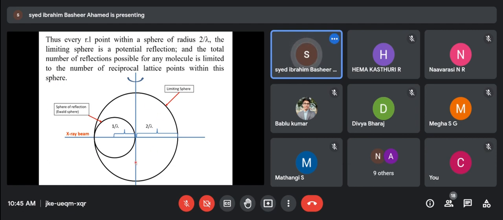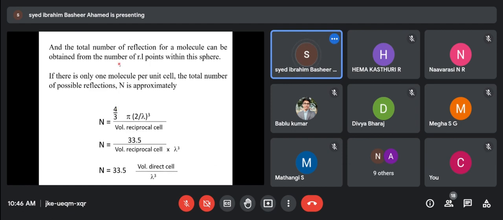Within this sphere, you can find out the number of reflections which we are observing from the reciprocal lattice. The number of reflections for a molecule can be obtained from the number of reciprocal lattice points.